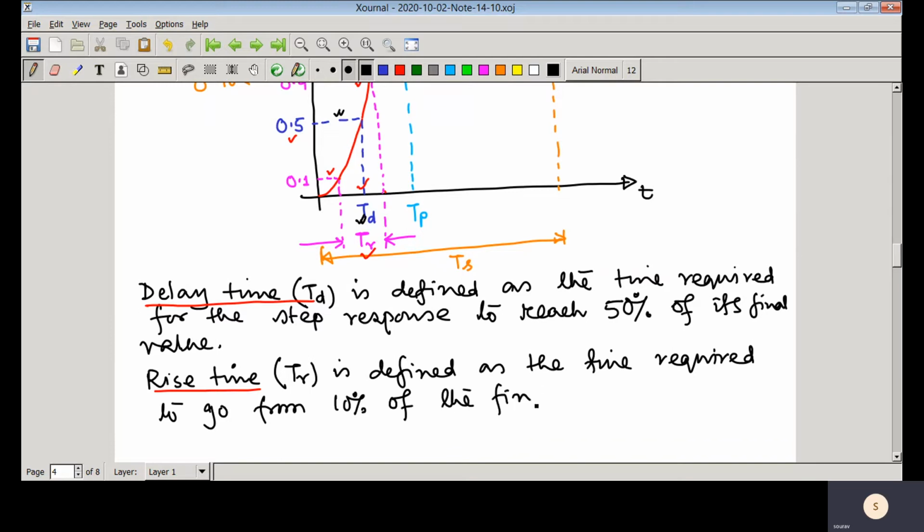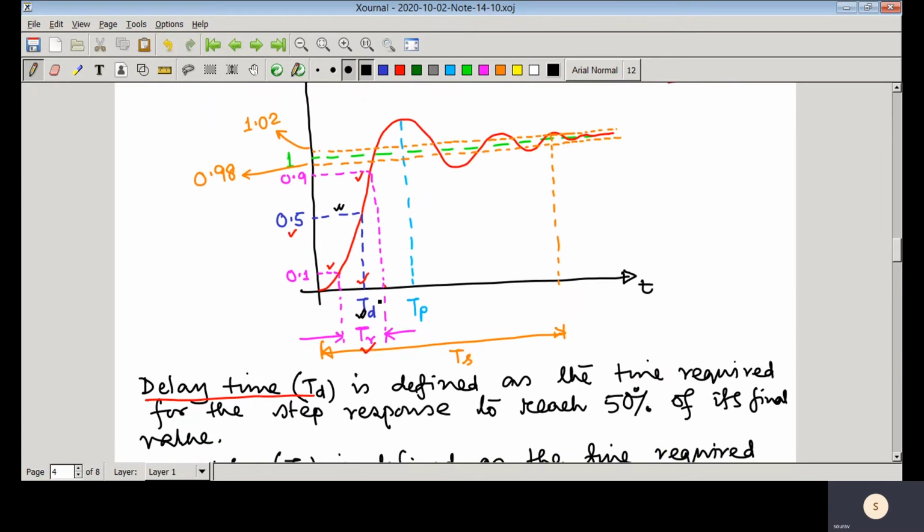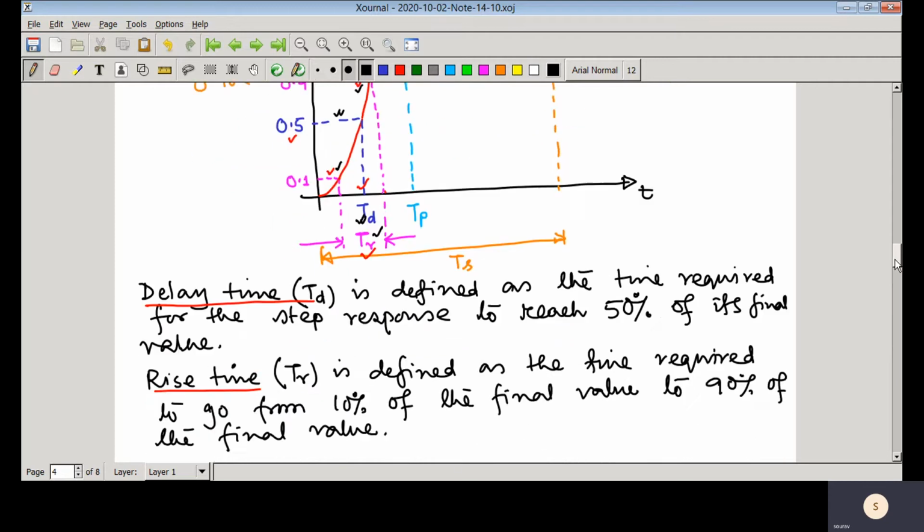So here the final value is 1, so 10% of the final value means that is 0.1, to 90% of the final value. So this is called the rise time. So from this figure it is clear that this TR, that is the rise time, means the time required to go from 10% to 90% of the final value.